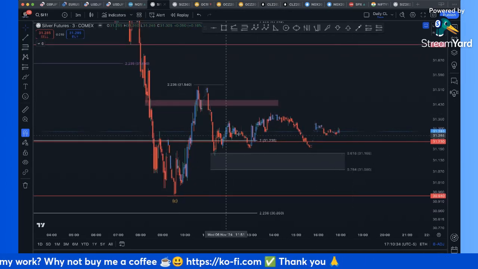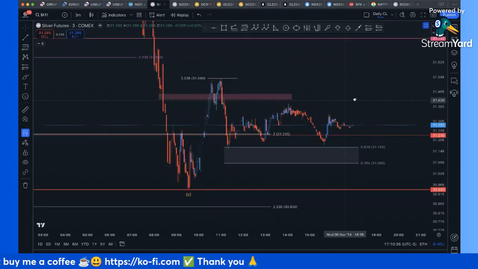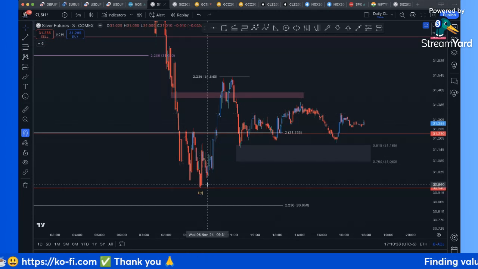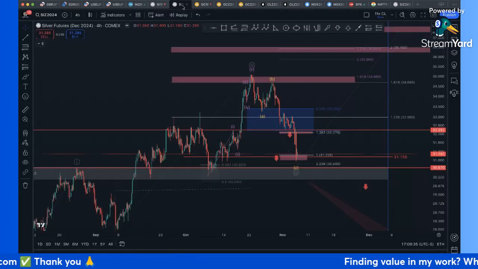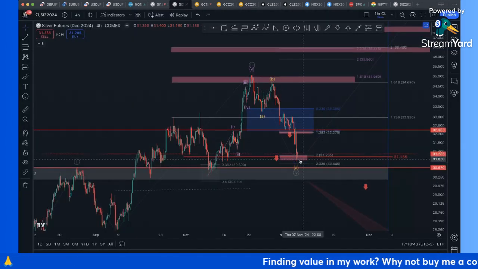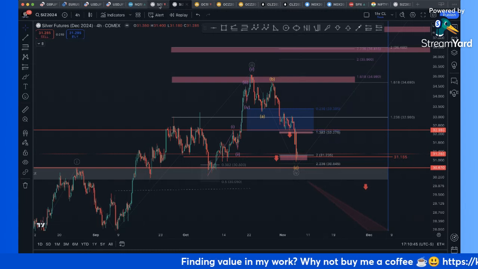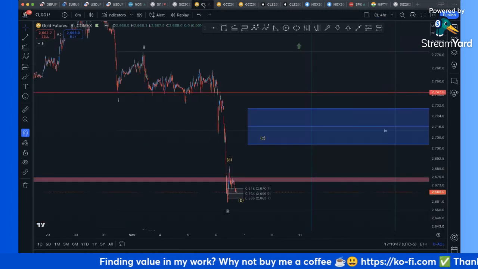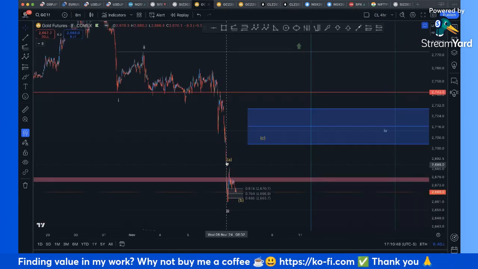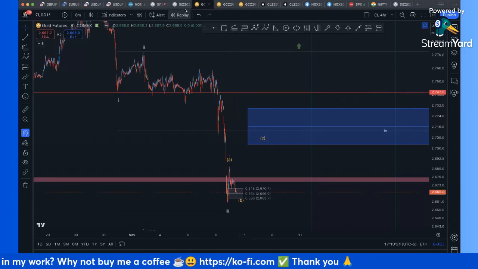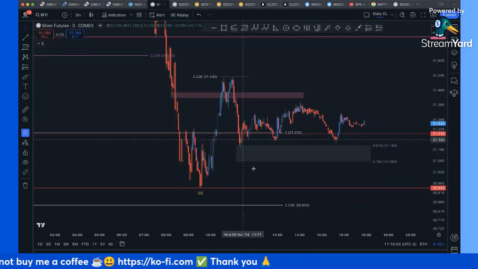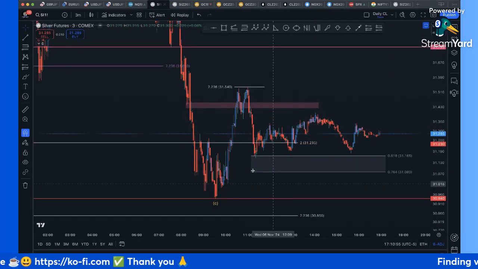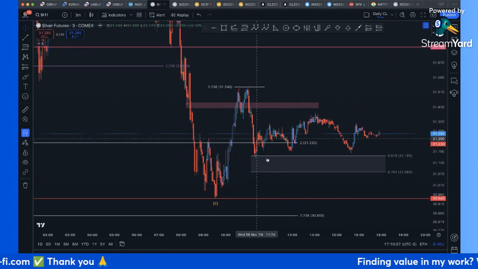This does not look like the kind of reaction you'd want to see if this is the low. So gold is a little bit more clear, believe it or not. Never really thought I would say that, but this has already given you a nice move up and then a nice retrace. Silver is giving you a very ugly, not decisive looking structure.